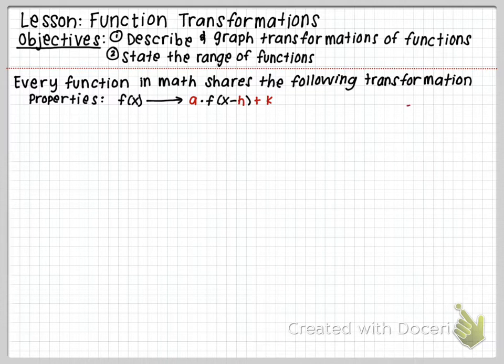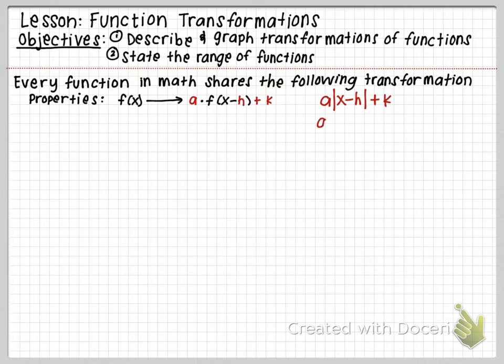Absolute value functions, remember how we had absolute value of x minus h plus k? Didn't we have that for absolute value functions? Okay, and then, if you weren't here on that last Friday before break, we talked very briefly about quadratics.